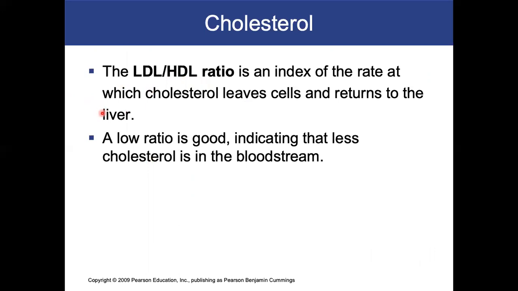A low ratio is good, meaning there's less cholesterol in the bloodstream. When they do blood labs, and you should be having your blood drawn on a regular basis, you know your normal baseline values. This is the bad cholesterol, this is the good cholesterol. You want a lower number because it's telling you that there's less bad cholesterol and more good cholesterol.